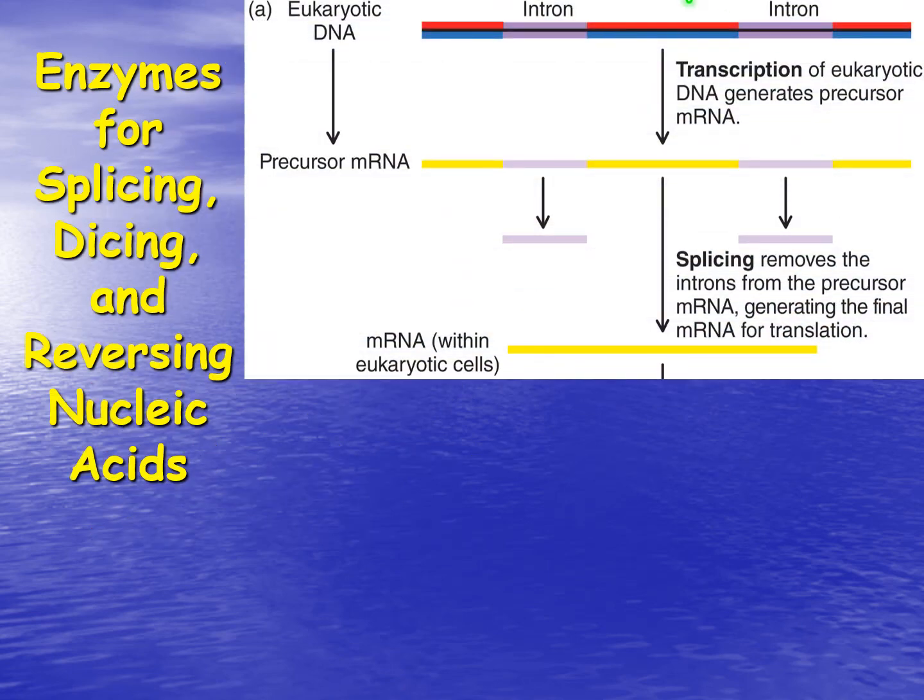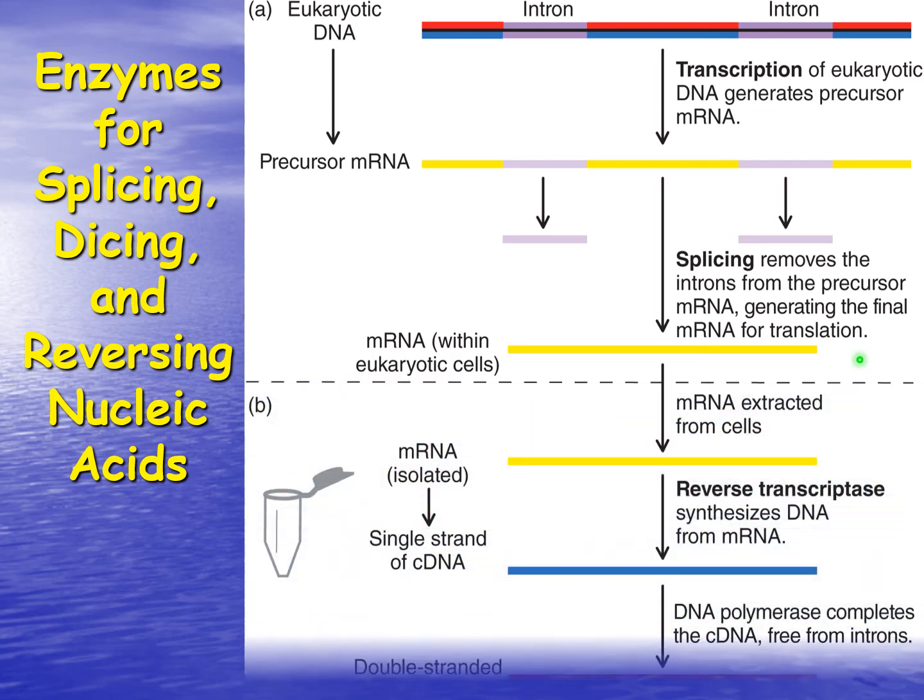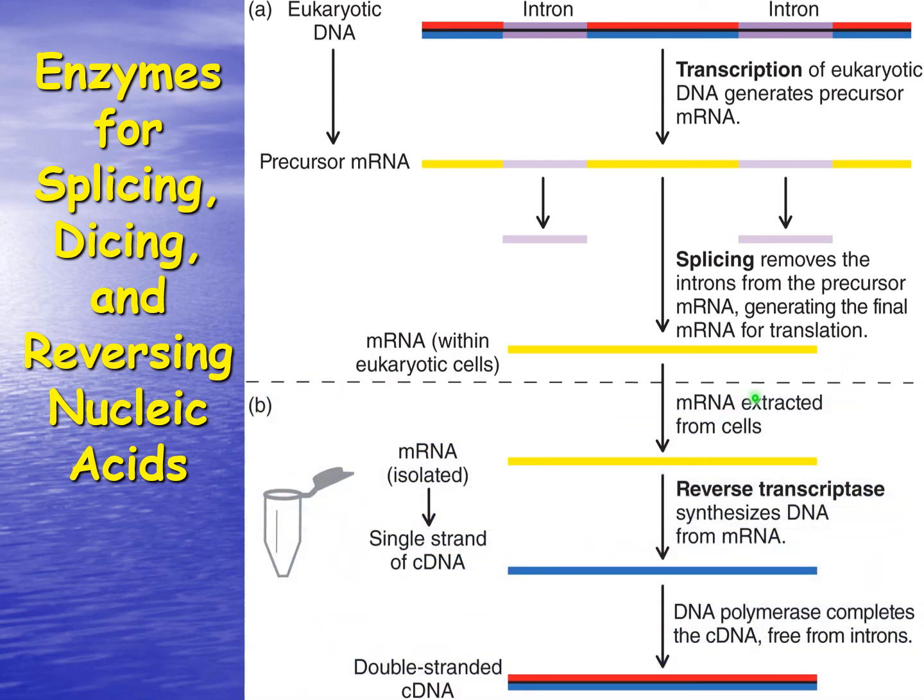So we simply will then allow the cell to take out the introns and splice together all of the exons, and then we can extract that mature messenger RNA, put it in with a reverse transcriptase, and allow it to make our complementary DNA strand. This double-stranded complementary DNA then contains only the coding portions of the eukaryotic DNA.